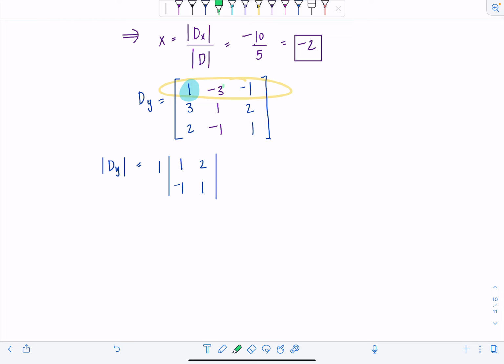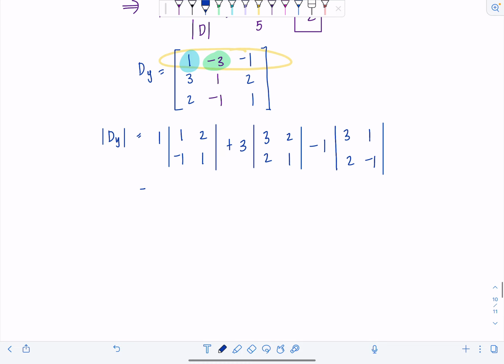Now next entry, you're going to switch the sign, right? So it's going to be plus 3 times, get rid of this row, get rid of this column. We have the determinant of 3, 2, 2, 1. And then minus 1, leave that alone, times the determinant of 3, 1, 2, negative 1.